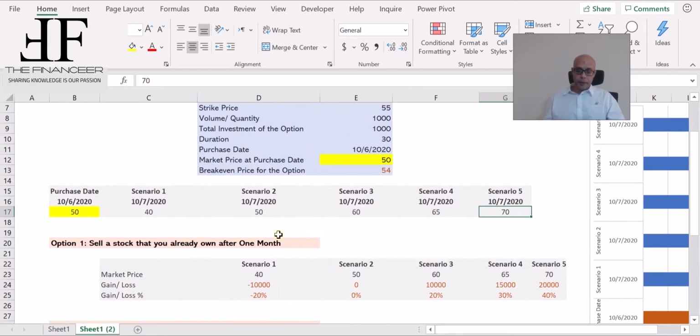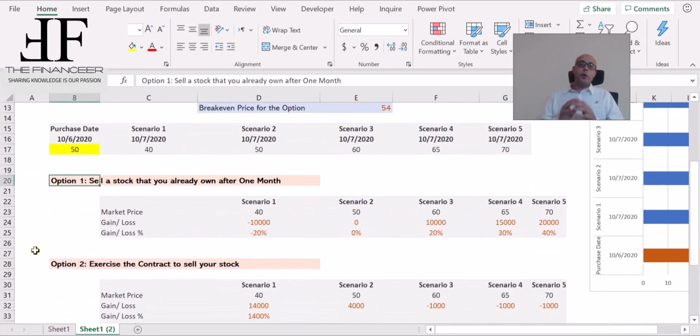Now, let's compare between two things. If you didn't sign the put option, and you have the stock and you are going to sell it in the market, so you don't have any option. So we need to calculate the gain and loss here. Assume that you are working the traditional way of the investment without signing any put option. So you purchase from the market and sell in the market.